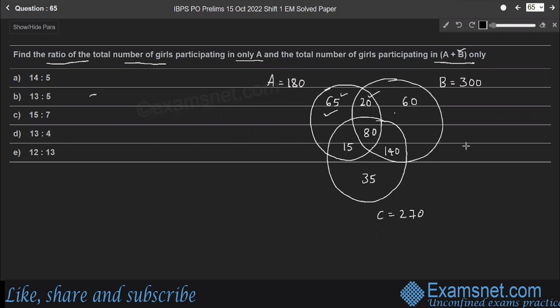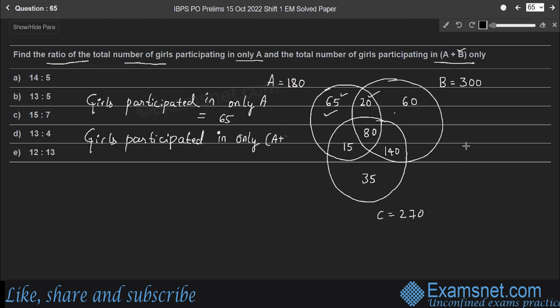Therefore, girls participated in only event A are 65, and girls participated in A plus B, in both the events, are 20 girls.